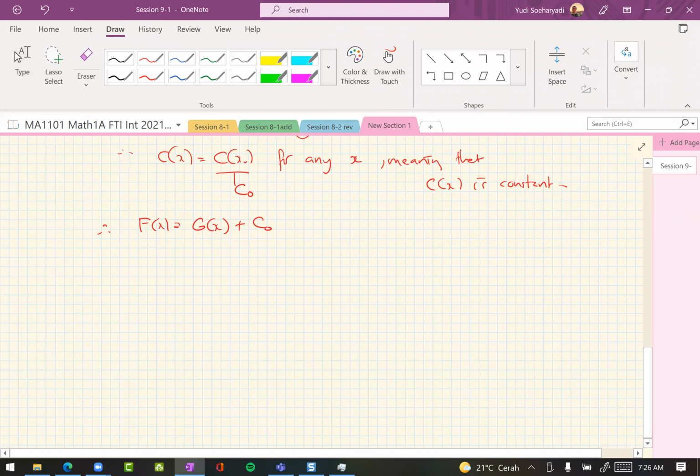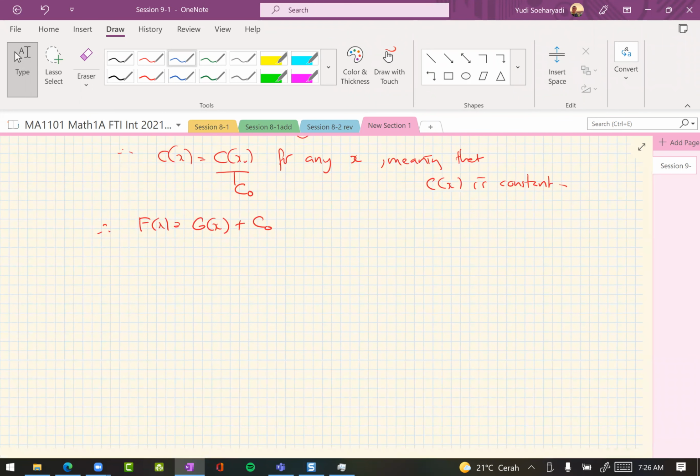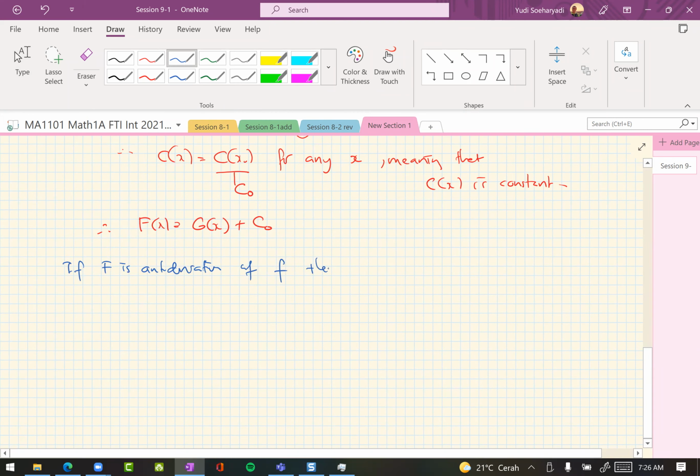So that means, conclusion: if F is an antiderivative of f, then the general form of the antiderivative is F of x plus C.